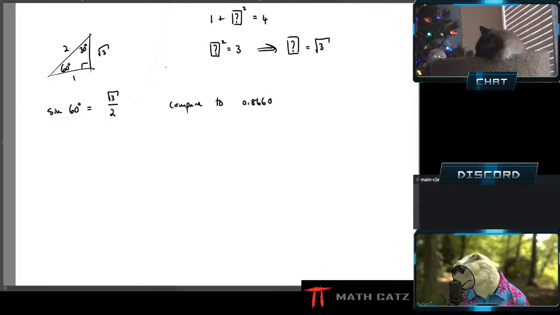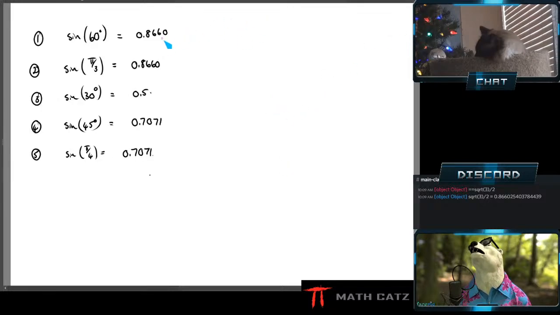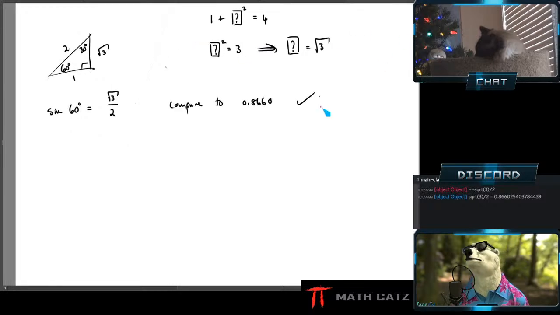And let's see, square root of 3 divided by 2. And look, it's exactly the same as what our calculator looked up for us, which it should be, right? But now this is exact.